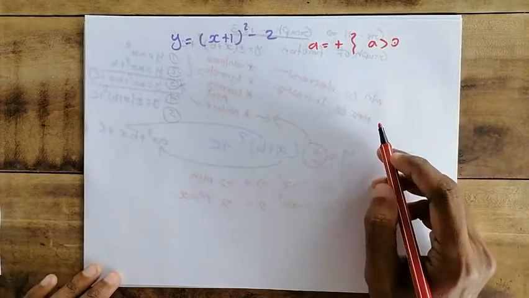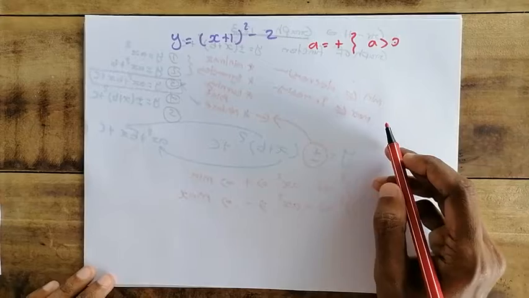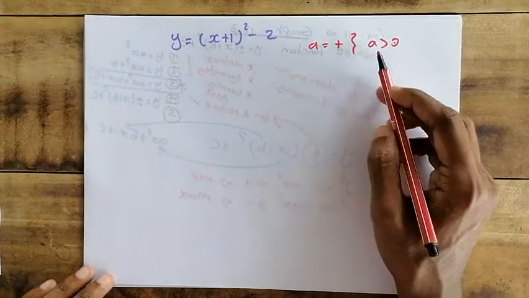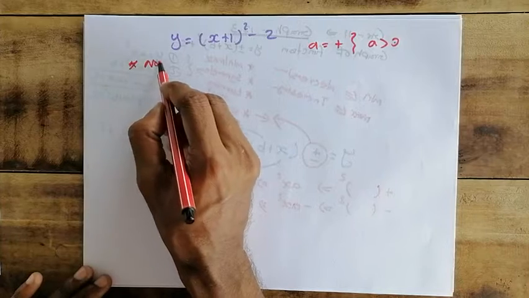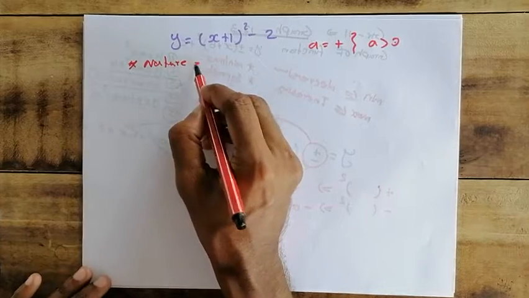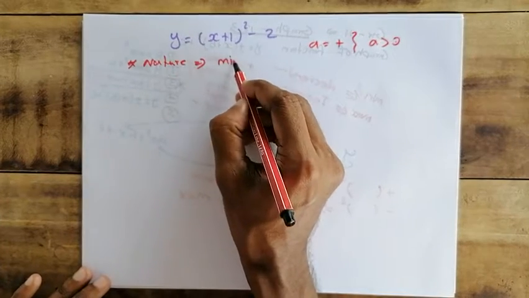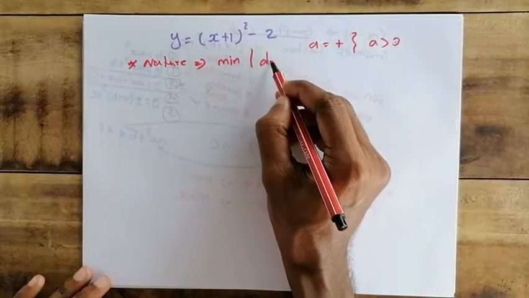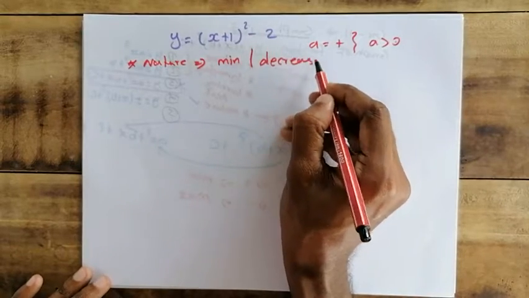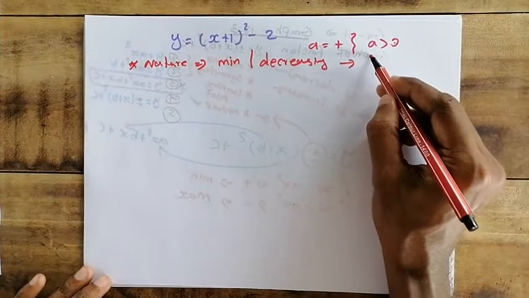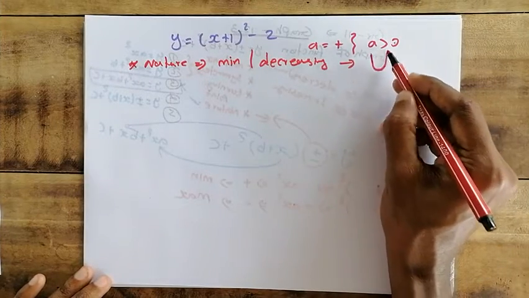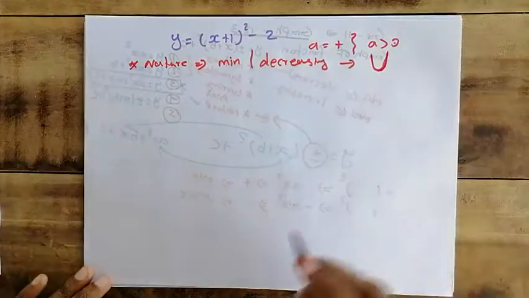So when the coefficient of x squared is positive, or greater than 0, the nature of the graph is a minimum graph. So what is the shape of the graph? Shape is U. We studied that.